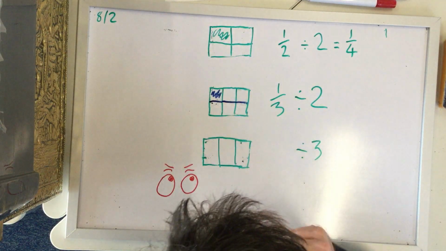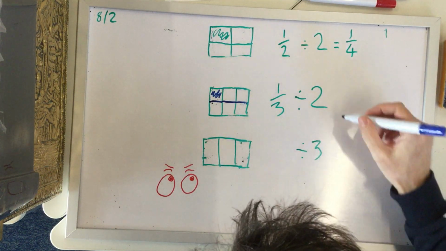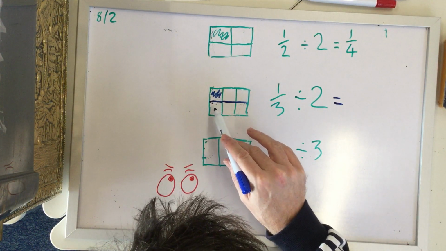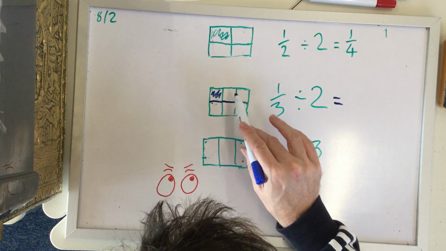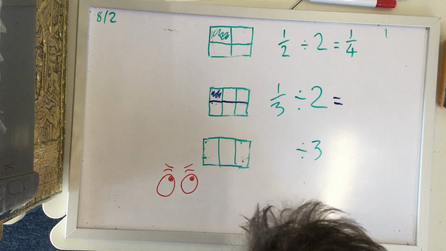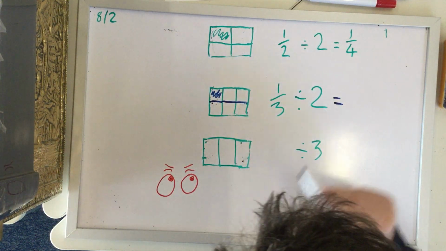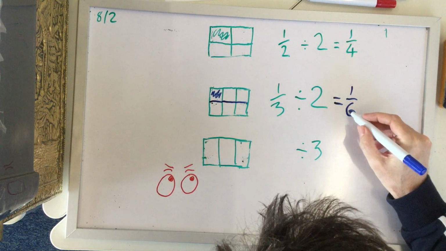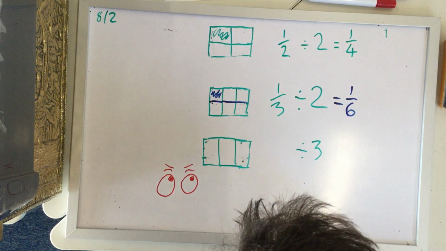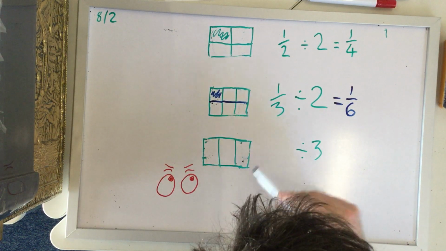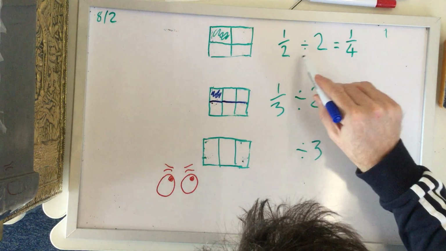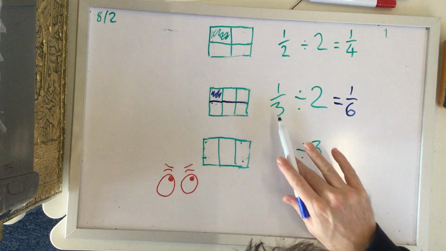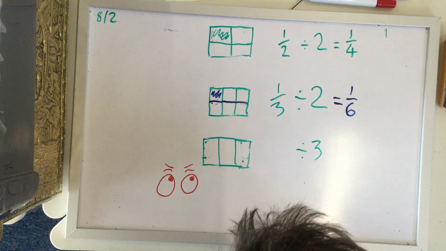That third split into 2, or divided by 2. We've got 1, and then how many parts altogether? 1, 2, 3, 4, 5, 6. Okay, so shaded in there is 1/6. Hopefully you might start noticing a relationship as we're going across here. It might not be what you expected, but what relationship can you see between some of the numbers?